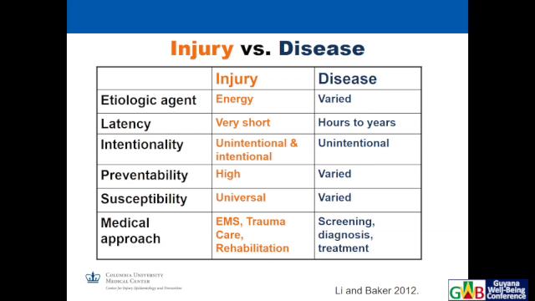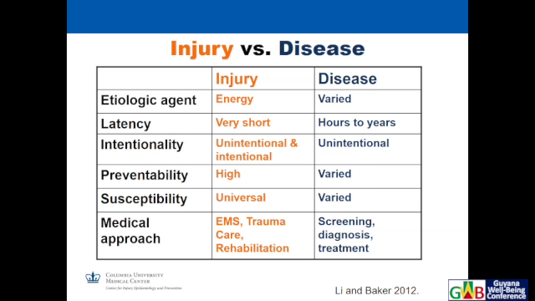This has some very important implications for prevention. Because of the very short latency of injury, screening and those kinds of traditional clinical approaches to disease detection and prevention may not necessarily apply to injury prevention.